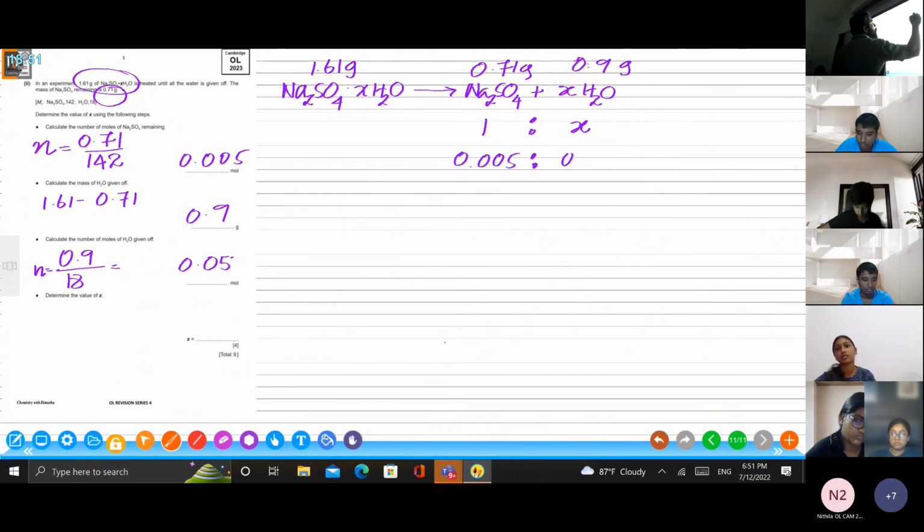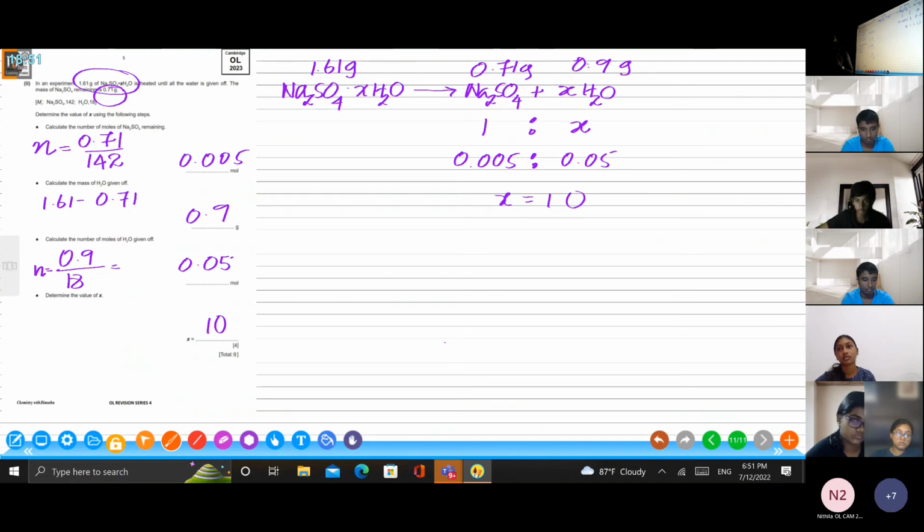Moles of water is 0.05. And X is going to be 10. Therefore, the answer is 10. Common sense, right? But it's very important that you have the confidence to use a theory when a question asks for it. You are on the track of this science. Right? That's what you call learning science. All right.